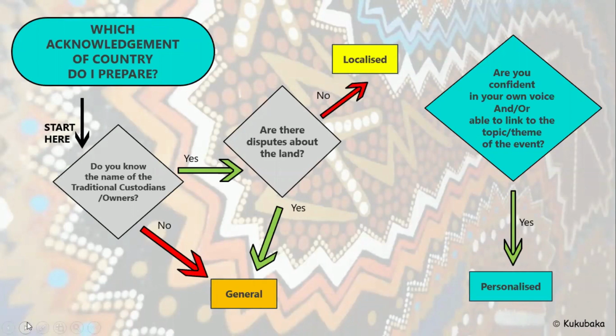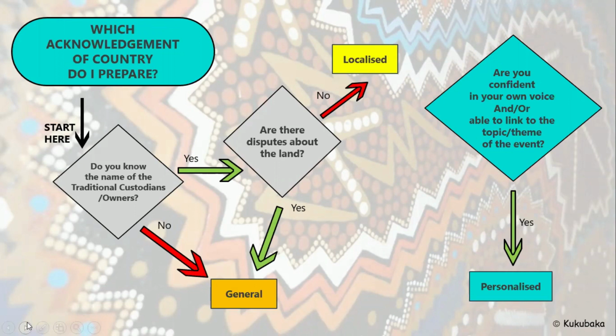So I've put together a little flowchart here to help you consider which acknowledgement of country you will prepare. By answering these questions, just one at a time, the first question is: do you know the name of the traditional custodians or owners? If you do, then go to the next question.